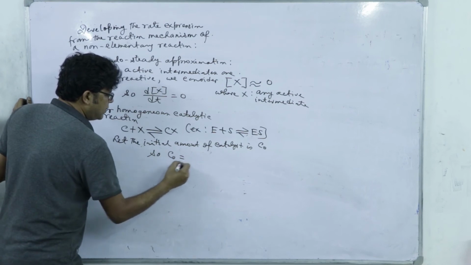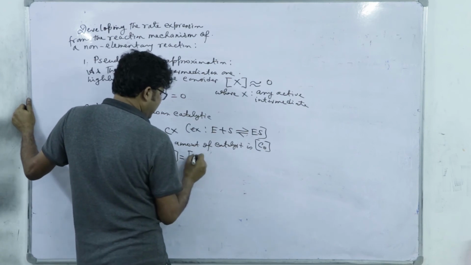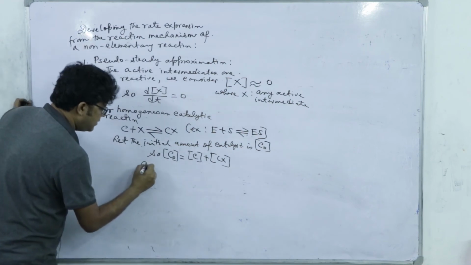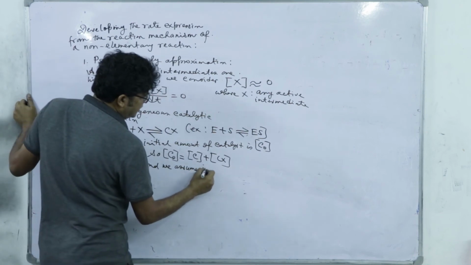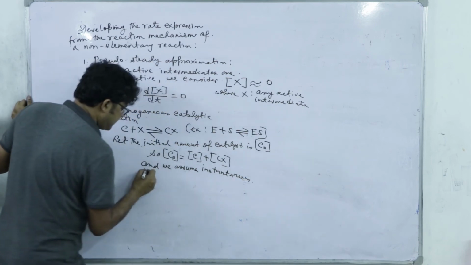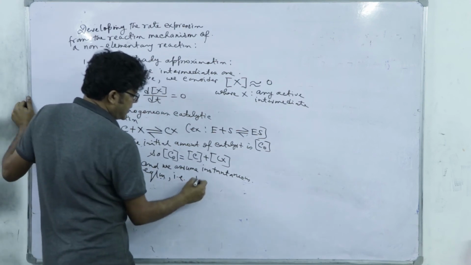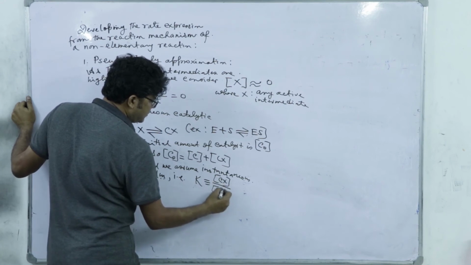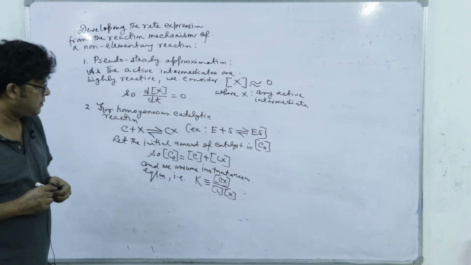So, C naught is equal to free enzyme plus the enzyme substrate complex, this is 1, and we assume, this is the assumption, instantaneous equilibrium, that is K is Cx by C into X, right.